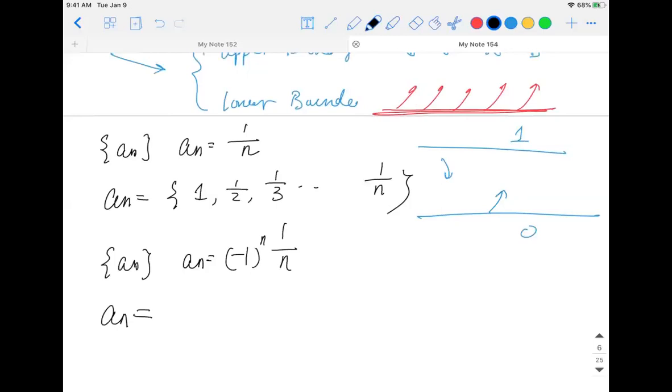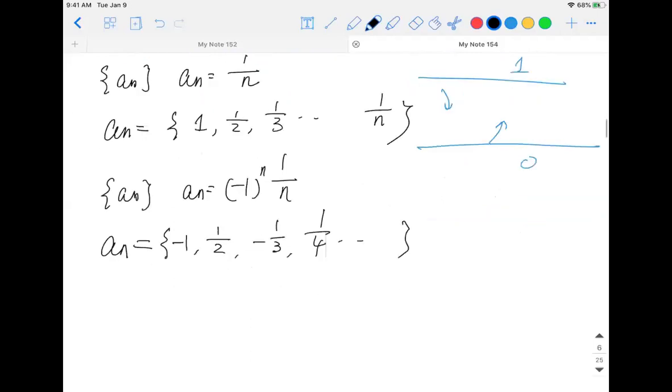So you're going to have minus 1, positive 1 over 2, minus 1 over 3, positive 1 over 4. If this is our x-axis, it's going to be negative, positive, negative, positive, and so on and so forth.